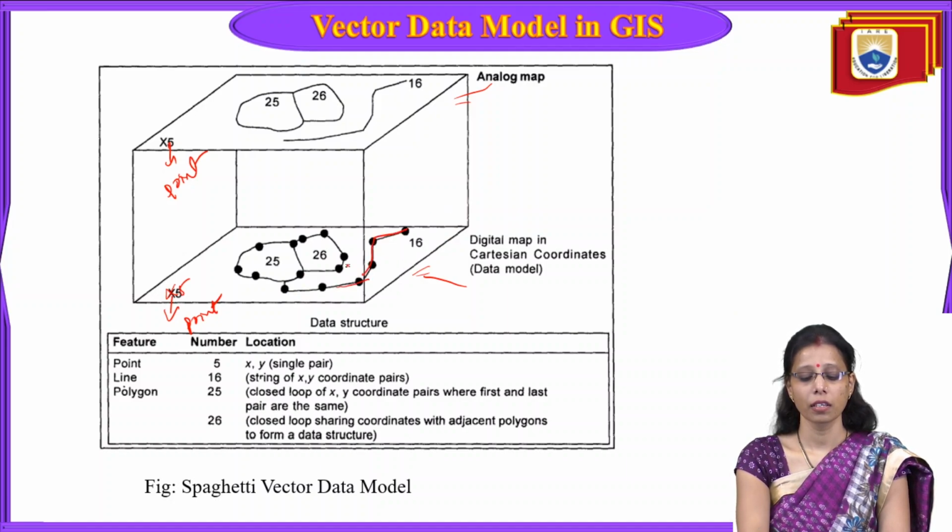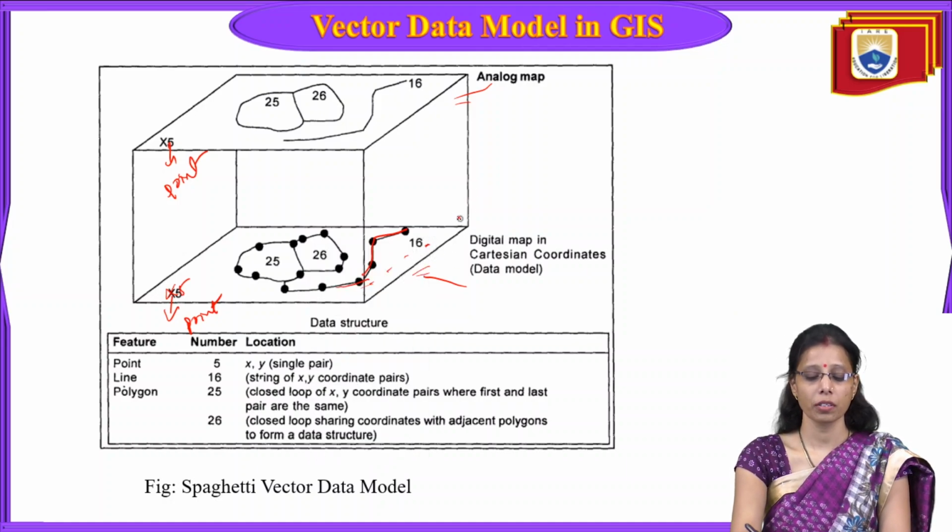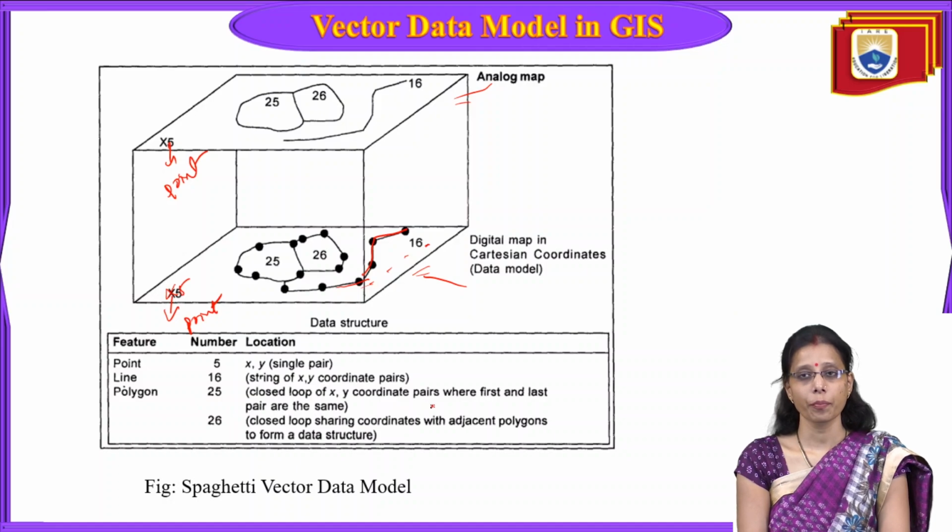You can see here this line has a string of points. It is separate and not connecting to each other. Then you have polygon 25, and these are all separate polygons, not connecting to each other. Here 5 is a single xy pair, 16 is a string of xy coordinate pairs, and 25 is a closed loop of xy coordinate pairs where the first and last pairs are the same.